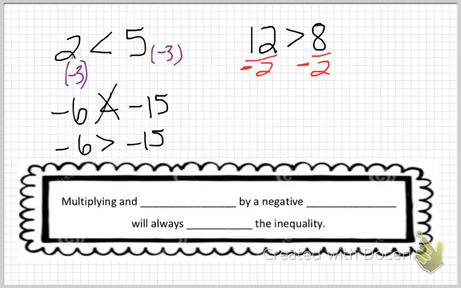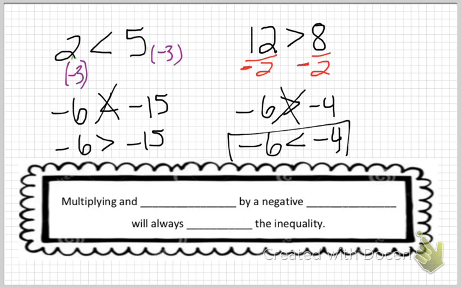Would this change our result? 12 divided by negative 2 would give us a negative 6. 8 divided by negative 2 would give us a negative 4. And if we bring down the inequality, negative 6 is not greater than negative 4. So what we need to do is flip the inequality to make it a true statement.